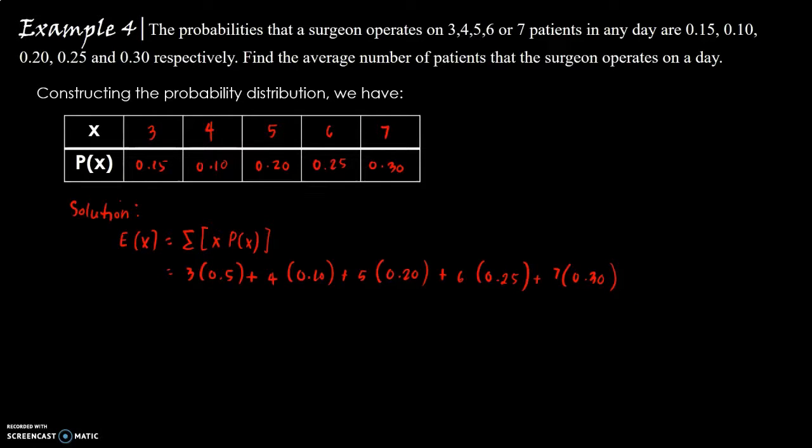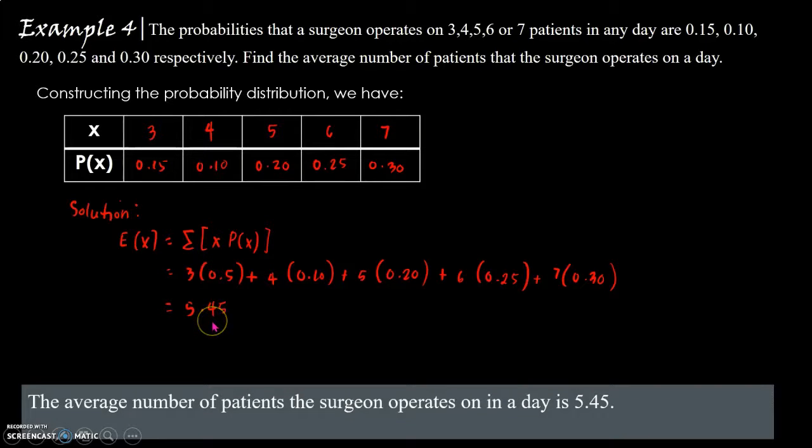Now using your calculators, we will get a sum of 5.45. So meaning to say the average number of patients that the surgeon operates on a day is 5.45. Alright?